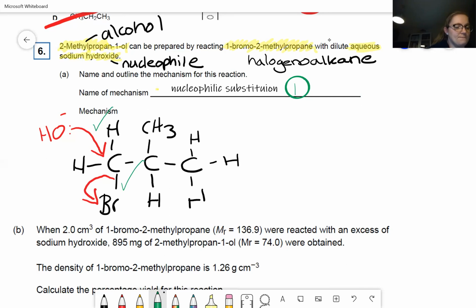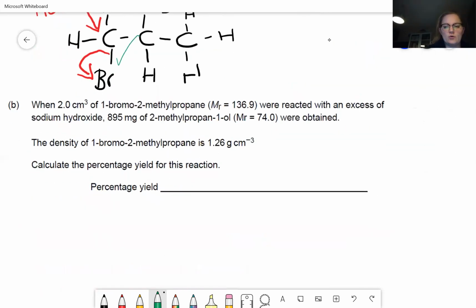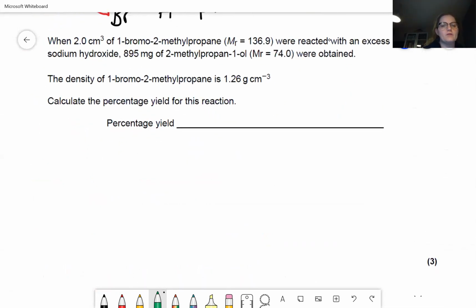So part B to this is a percentage yield question. I'm going to quickly go through this because this is stuff that we did ages ago, but they literally sneak these sort of questions in all over the place.